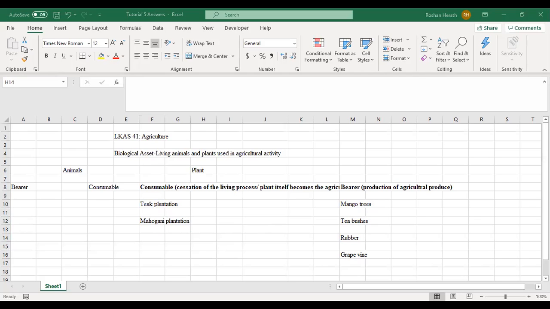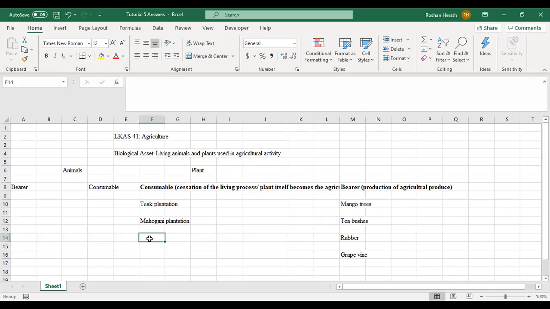Paddy, okay, good. So when it comes to paddy cultivation, there's one concern. The period of living is roughly three months.